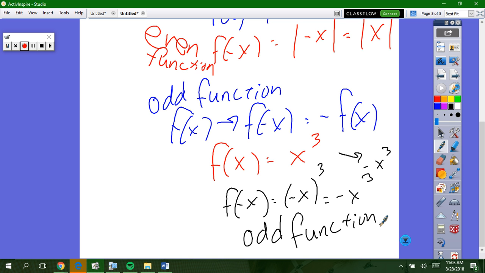Does that mean, let's just ask, does that mean every absolute value is an even function? Not necessarily. Does that mean every x cubed is an odd function? Not necessarily. Okay, I'm going to show you by doing some math.